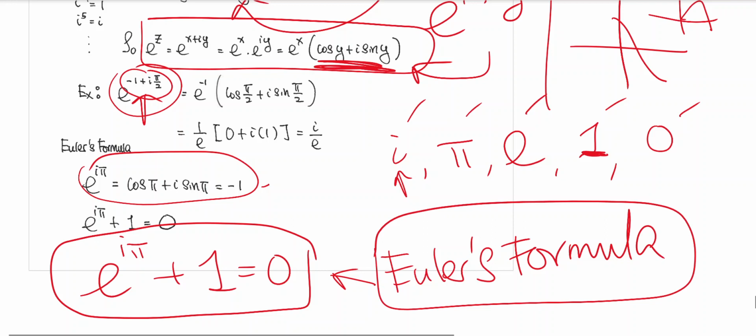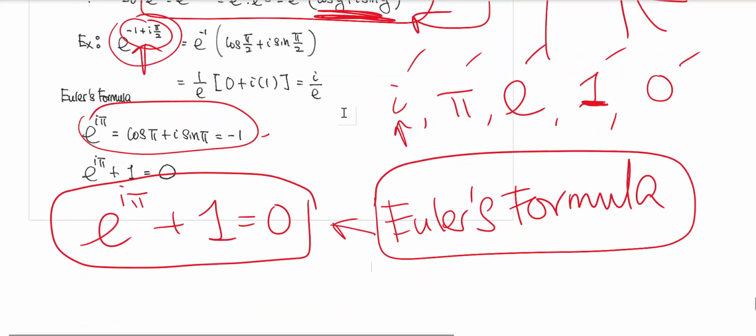If you Google Euler's formula tattoo, you will see that. I'm not putting it here because I'm not sure about copyright issues. But if you do a photo search, you will see people put the formula on their body, and it is considered one of the most beautiful formulas in mathematics because it's actually very surprising.